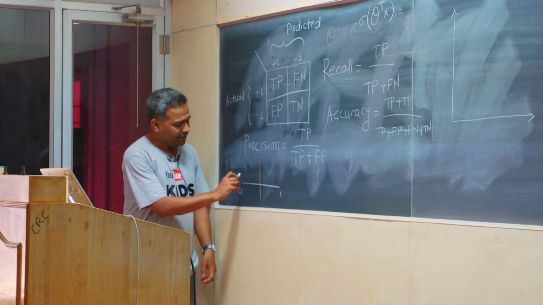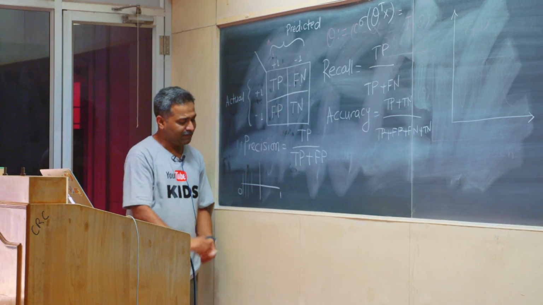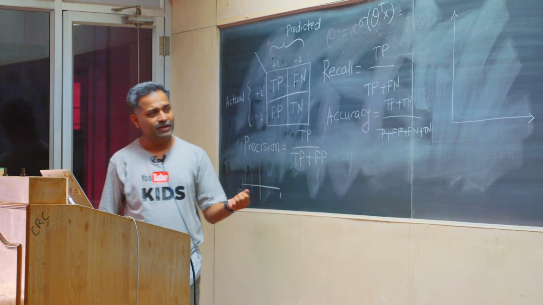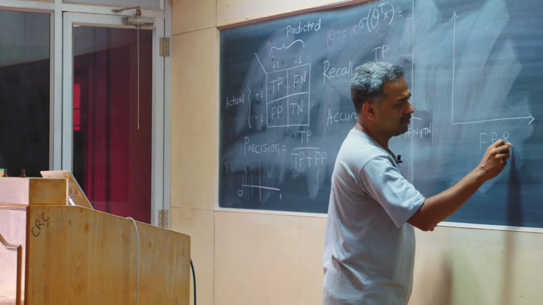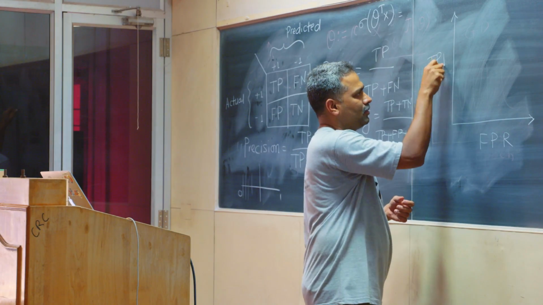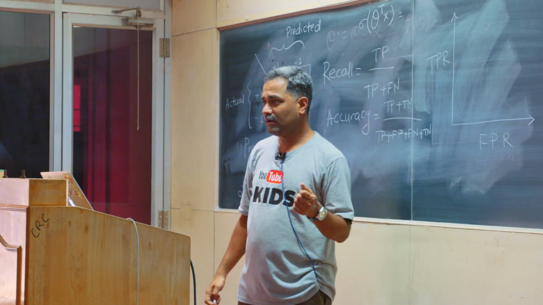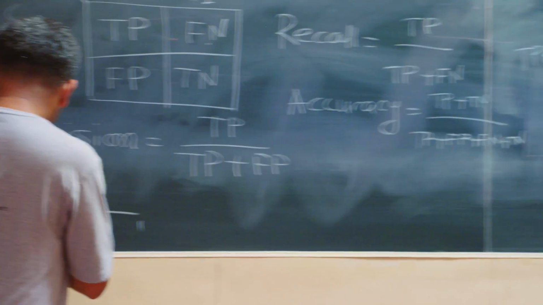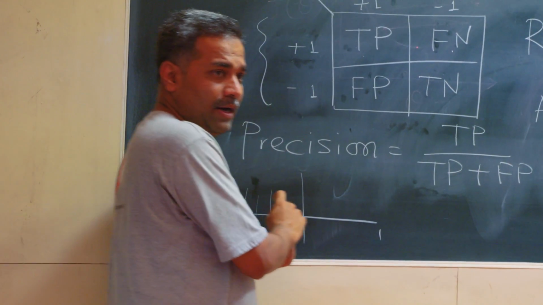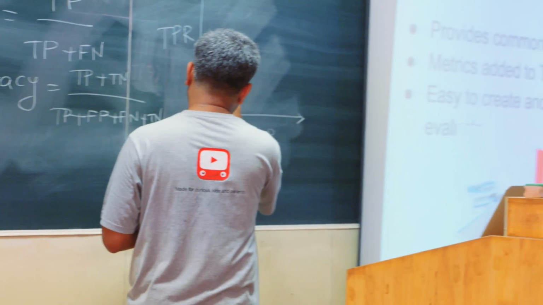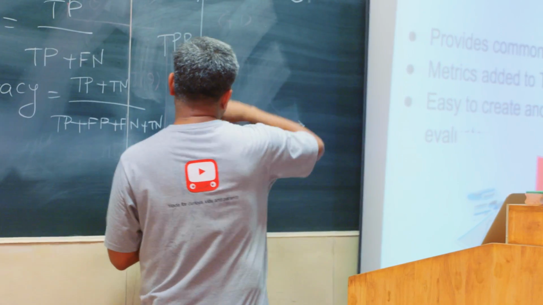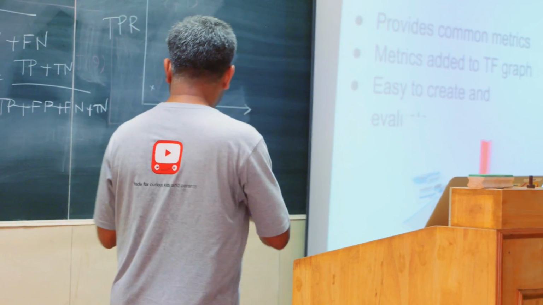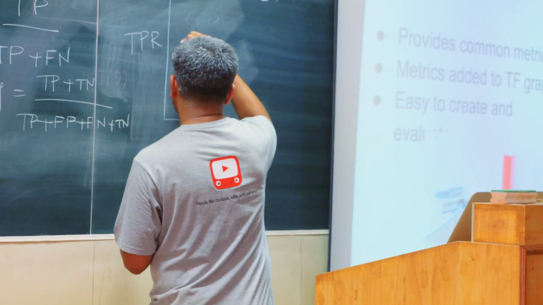So I can try different thresholds, and for every threshold I'll calculate what is called, I think, the false positive rate and true positive rate, right? I take a threshold, and for that threshold I calculate FPR, TPR, right? I get a point, right? And then I keep repeating this process. So I get another point, third point, fourth point.